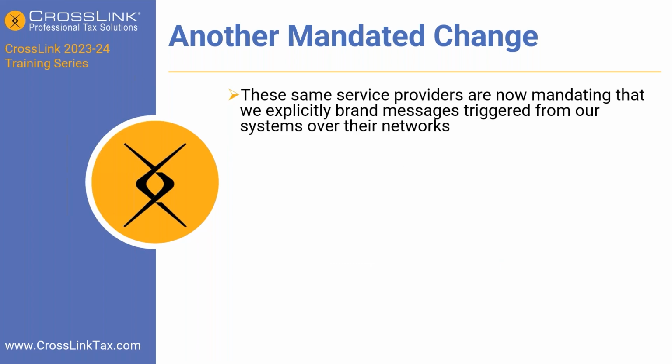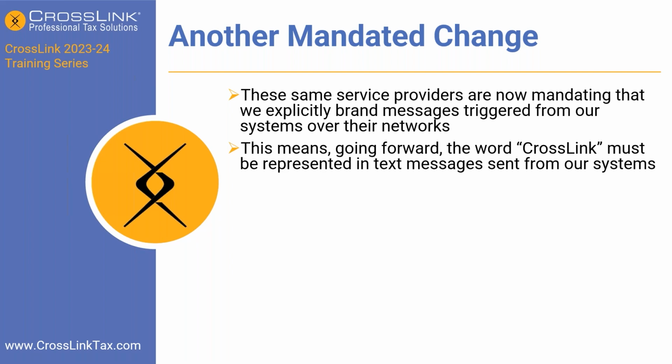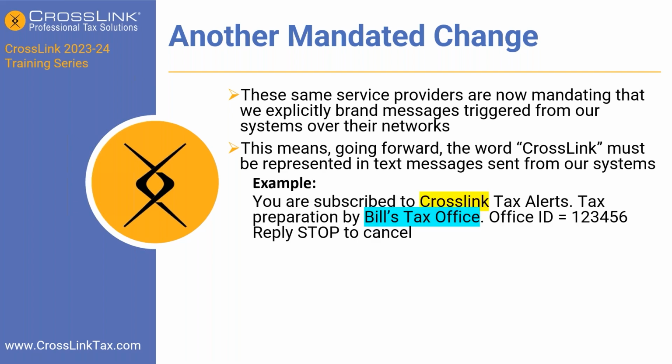Now, we have a mandated change that these same providers are now mandating that we explicitly brand messages triggered from our systems, but over their networks. So these are the cell phone carrier networks. And that means going forward, the word CrossLink must be represented in the text messages sent from our systems. So the text message now being sent to your taxpayers will now state you are subscribed to CrossLink Tax Alerts, tax preparation by Bill's tax office.